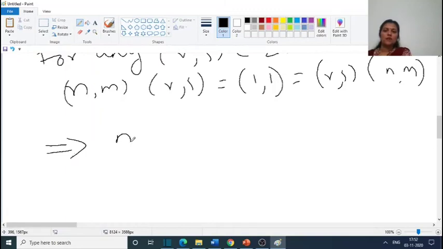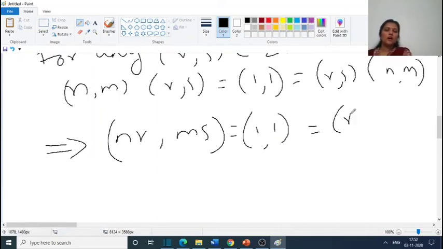Multiplication is defined coordinate-wise: first coordinate nr and next coordinate ms, which is equal to (1, 1), which implies nr is equal to 1 and ms is equal to 1.